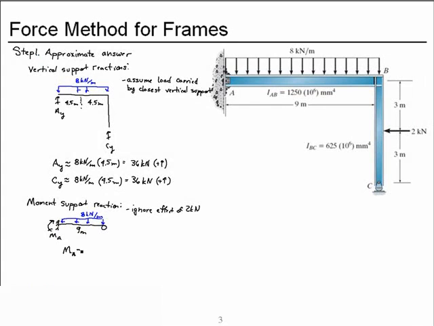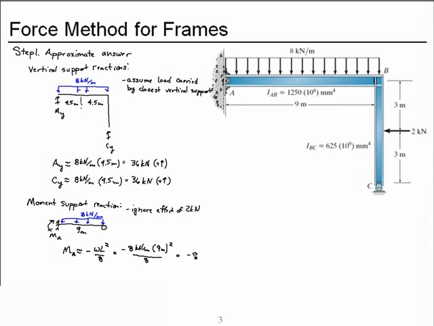So MA will be approximately, and remember it was drawn in the other direction in the back cover of our text, so it'll be minus omega L squared over 8. So you have a minus 8 kilonewtons per meter, 9 meters long. We'll square that term, divided by 8.